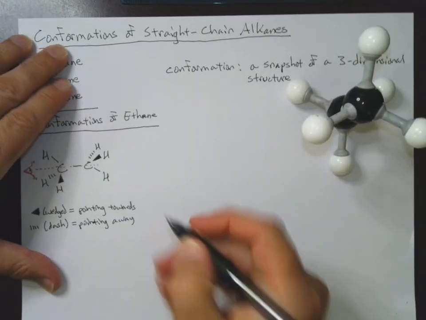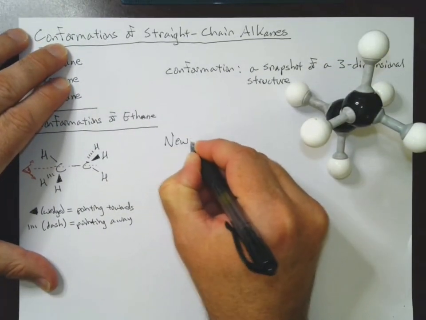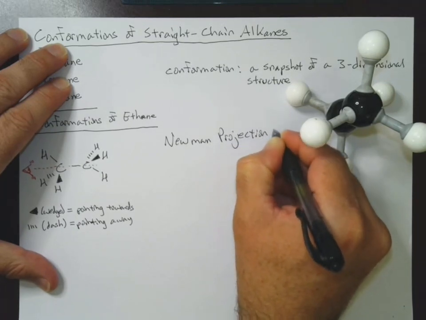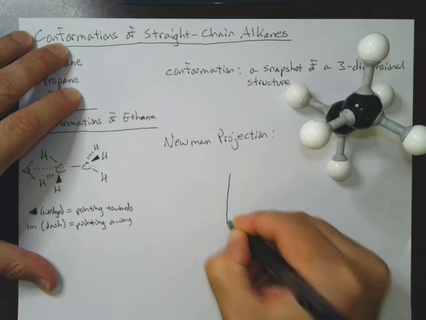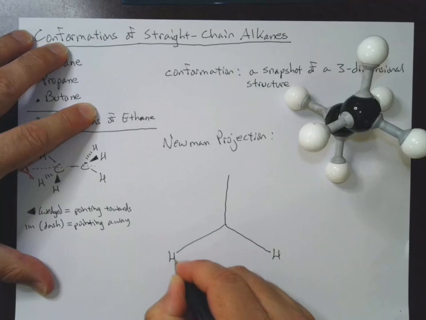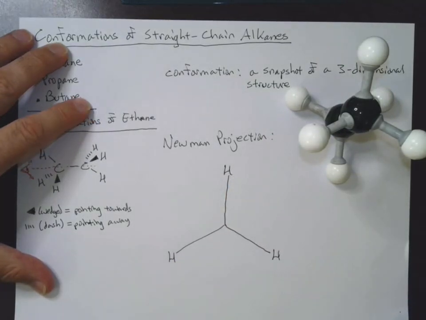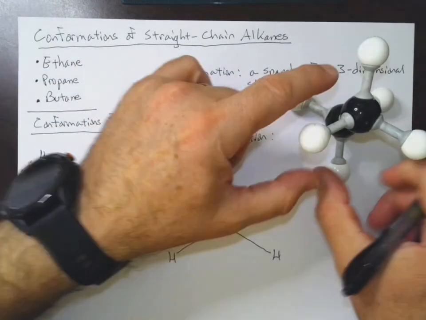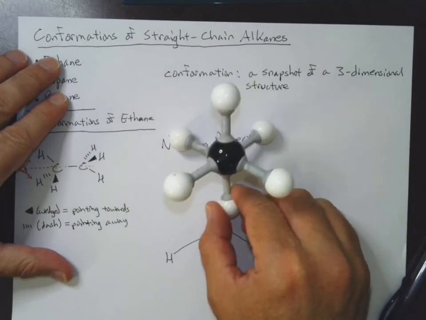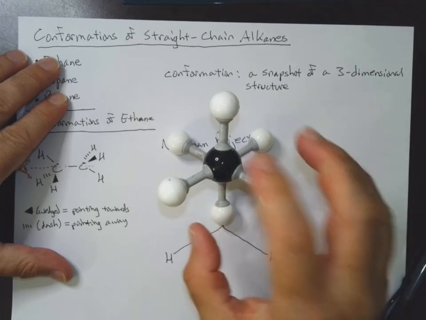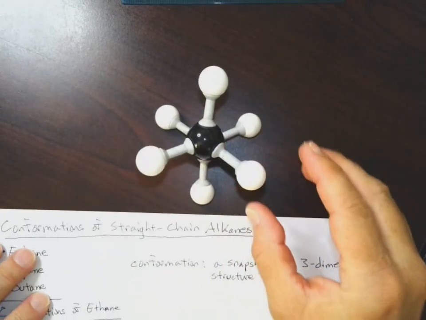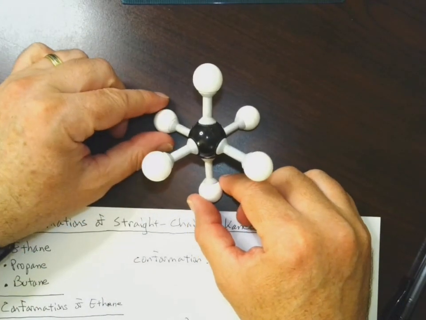So let me start off here. So here is my initial Newman projection. And this carbon, you can see if it's straight on like that, there we go. That's what I'm trying to capture with my drawing. Maybe I'll do that so you guys can see it a little bit better here.